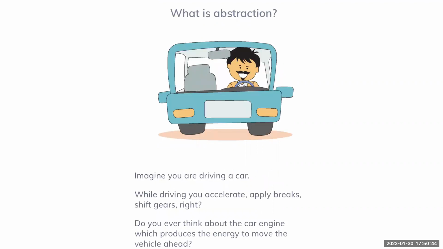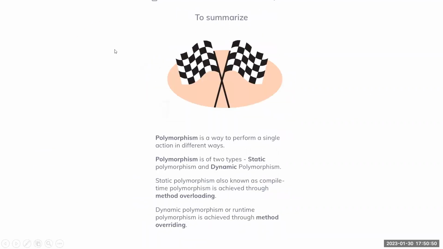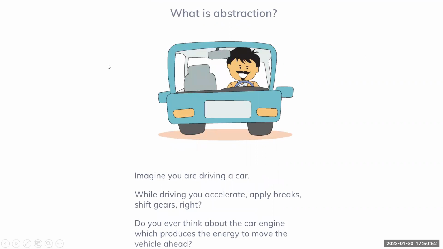Let's go directly to abstraction. What is abstraction? Let us consider that you are driving a car. While driving, you accelerate, you apply brakes, and you shift gears. You do a lot of things.